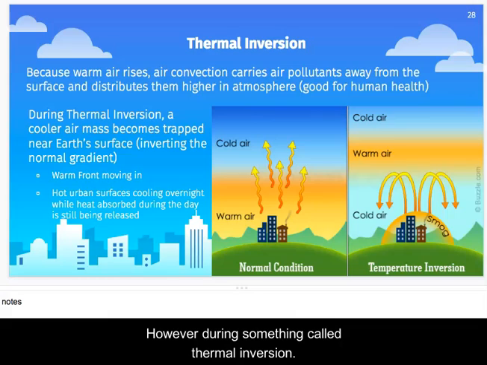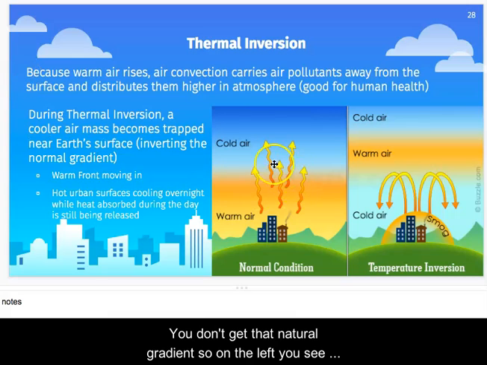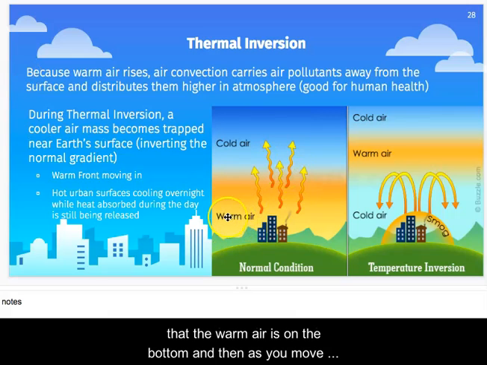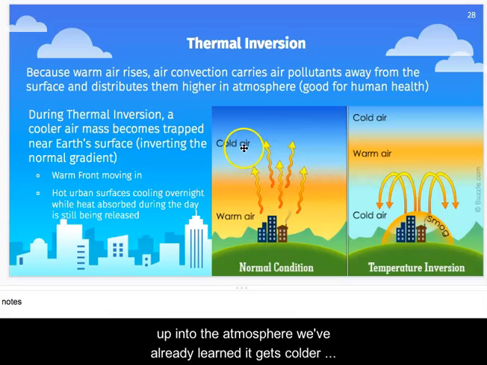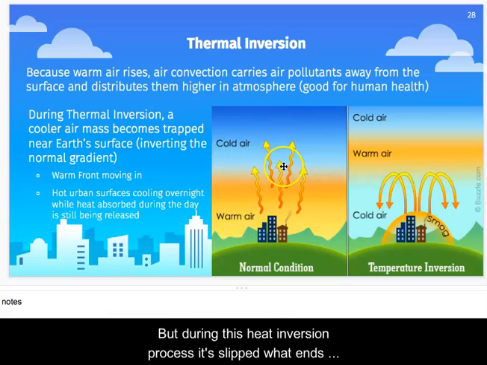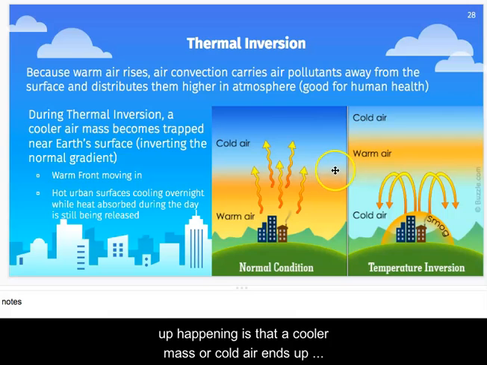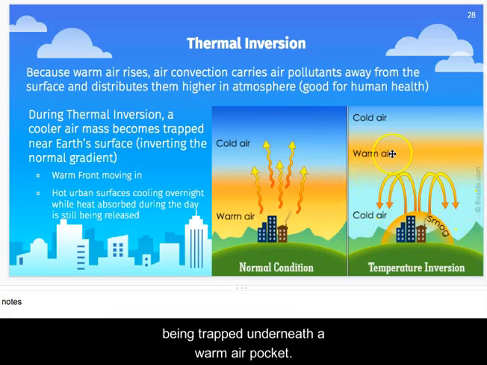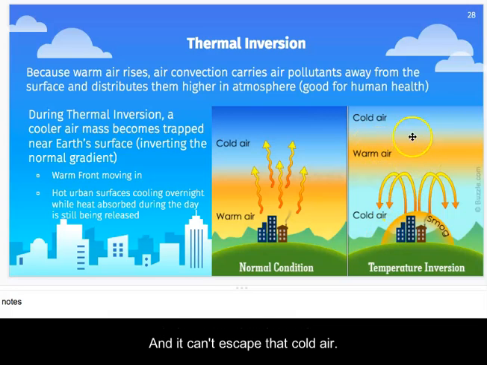However, during something called thermal inversion, you don't get that natural gradient. On the left, you see that the warm air is on the bottom, and as you move up into the atmosphere, we've already learned it gets colder and colder. But during this heat inversion process, it's flipped. A cooler mass of cold air ends up trapped underneath a warm air pocket, and it can't escape.